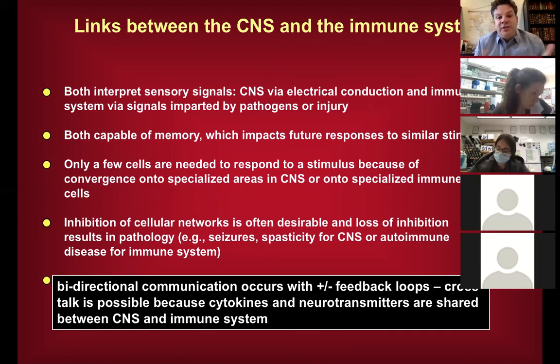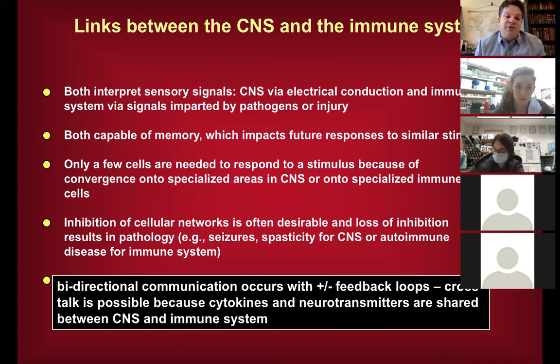The other things here we can go through quickly. Both systems interpret sensory signals, the CNS by electrical conduction, the immune system via signals imparted by pathogens or injury. Both systems are capable of memory. Only a few cells are needed to respond to a stimulus because it's specialized, and you see this convergence and amplification.